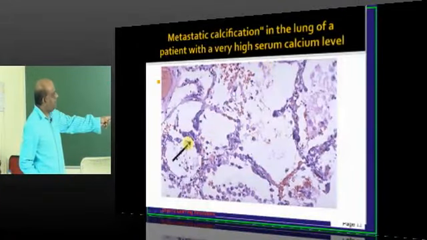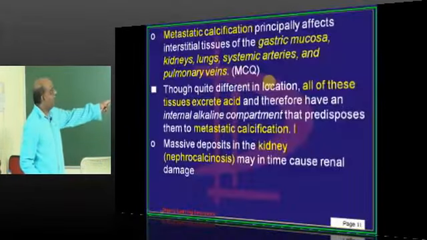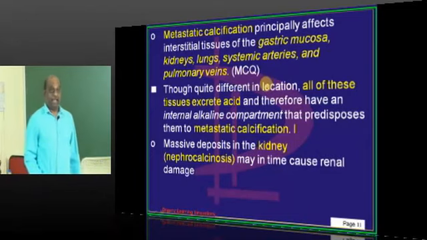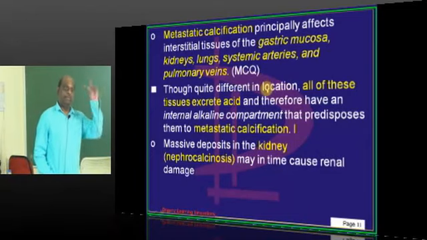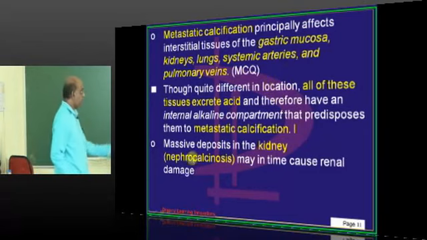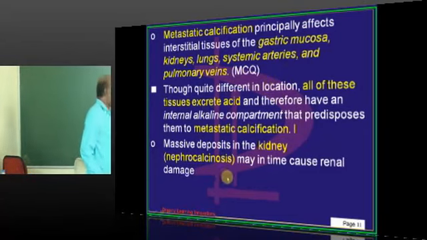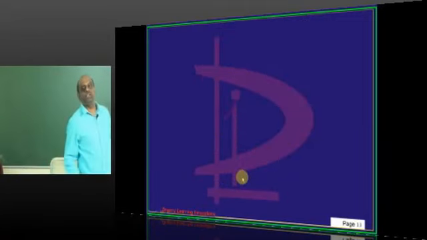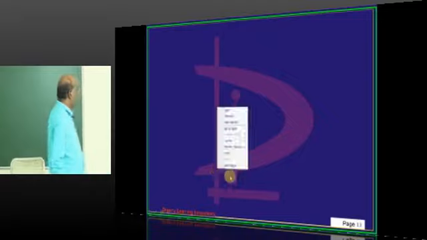Lungs, as you can see, calcium can deposit in the lungs also. Then systemic arteries and pulmonary veins, even though there is no degeneration in them, calcium can deposit in metastatic calcification. I am not talking about dystrophic. That is all the story about dystrophic and metastatic calcification.